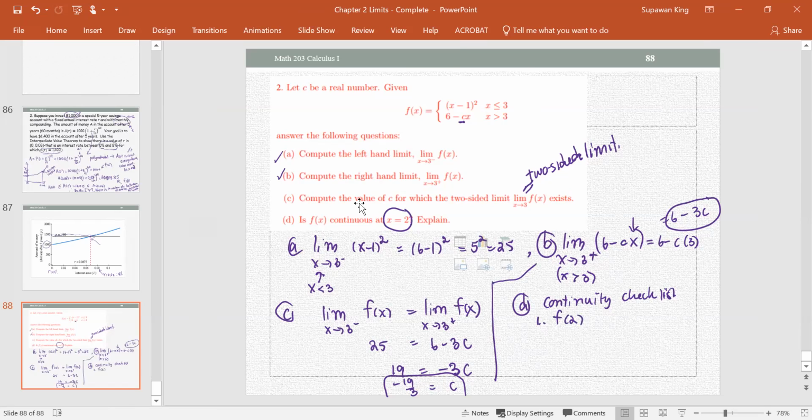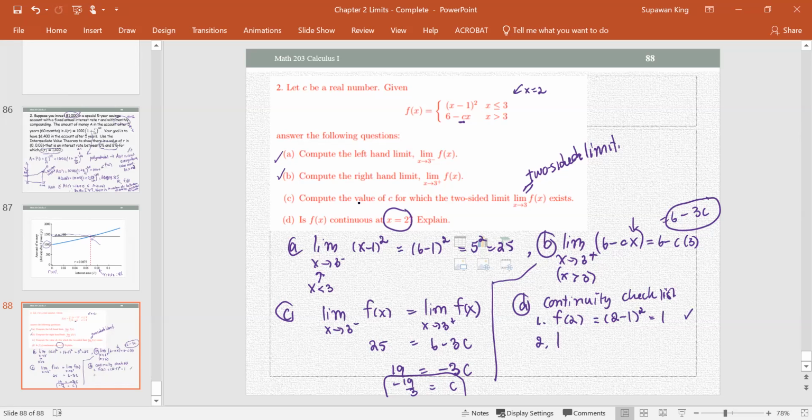Is it defined? When you look at the function for x equals 2, that's in the case x less than or equal to 3, right? Because 2 is less than or equal to 3. So you just replace x with 2 in the first function, which is 2 minus 1 to the power 2, or 1. So the function at 2 is defined.